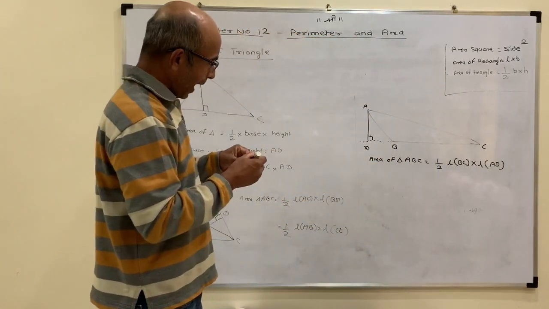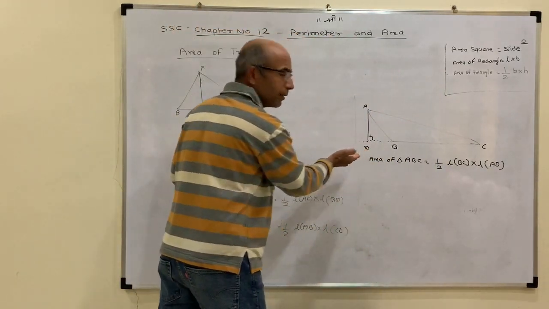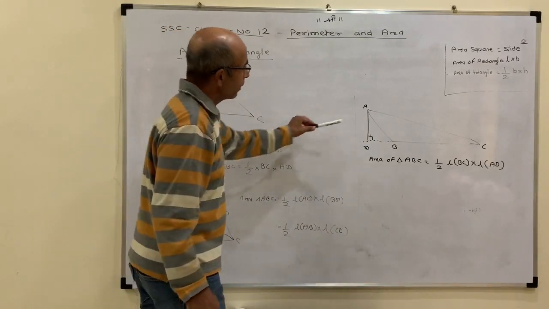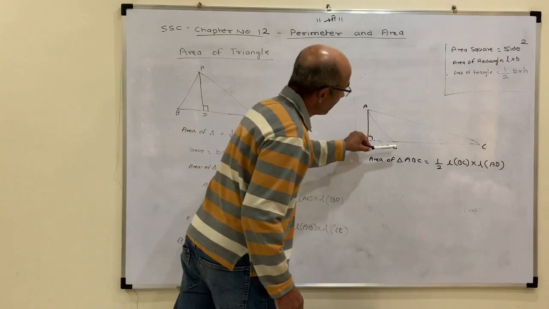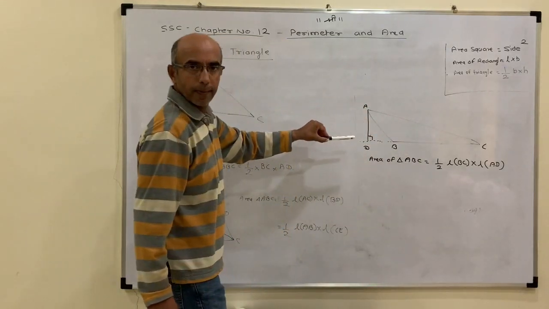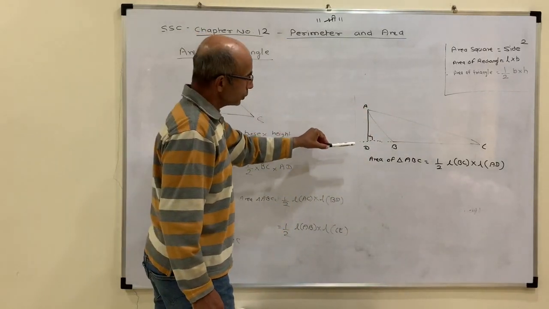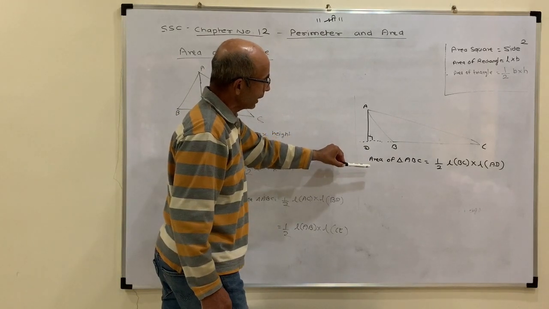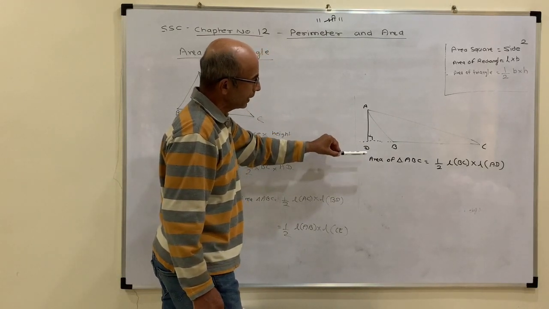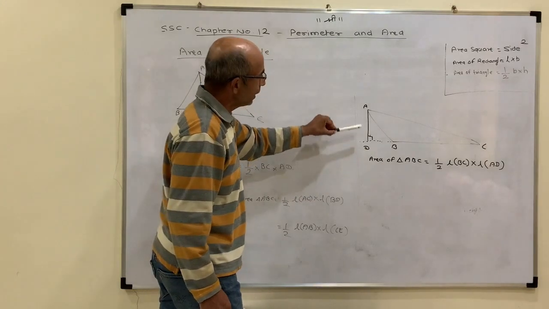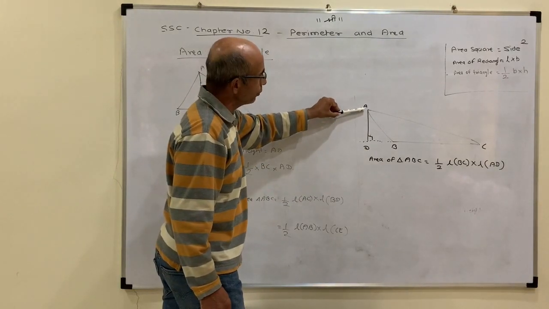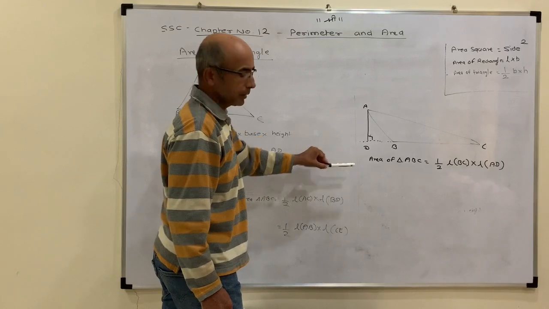Though my height drop is outside the triangle, it's still fine because I am measuring the height. And my base BC remains the same. So the area of this triangle ABC in this case will be half of length BC and length AD, which is the height dropped from the opposite vertex onto the base.